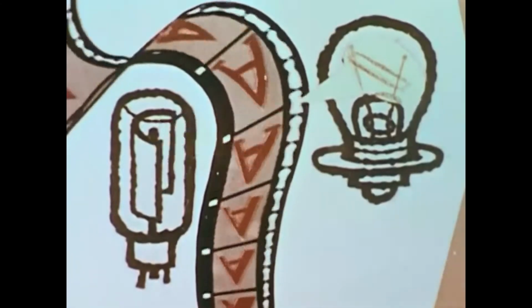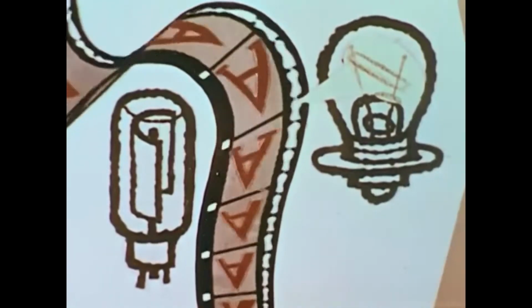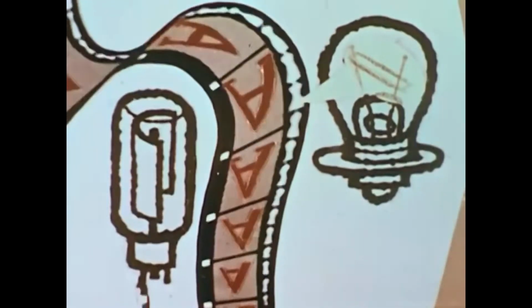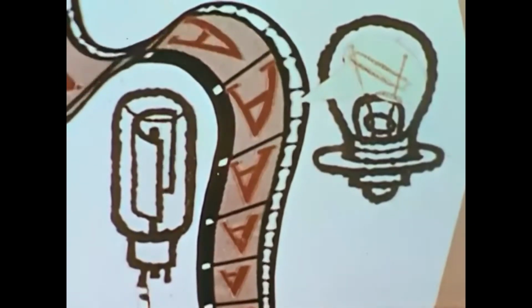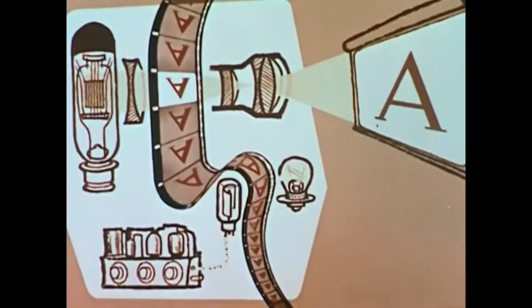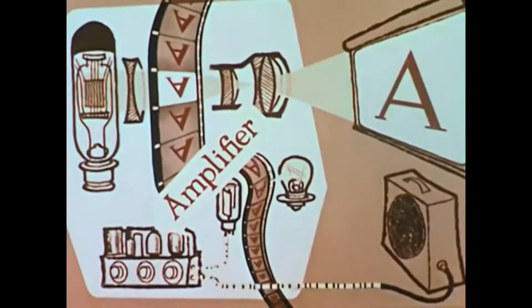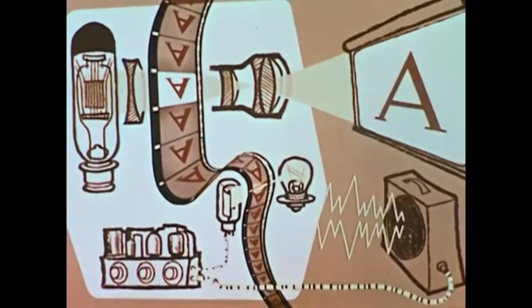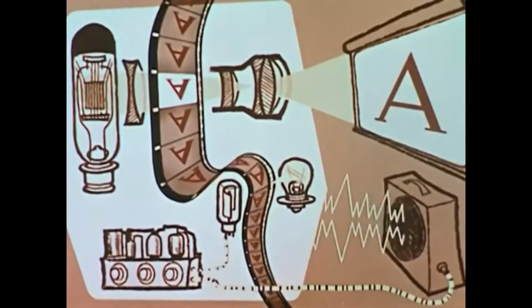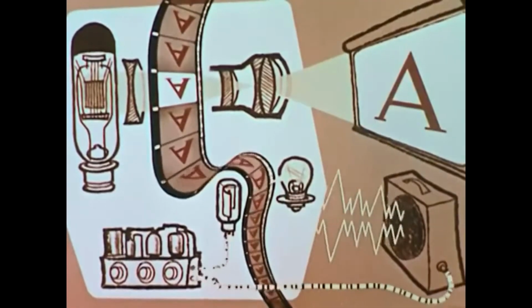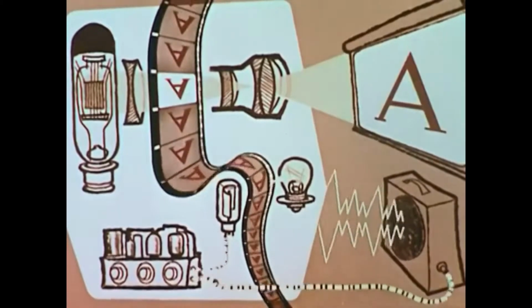When the film moves, the photocell produces electrical pulsations corresponding to the original sounds, which are then amplified and fed to the speaker. In contrast to the picture section, the film in the sound section must move smoothly and at a constant speed.